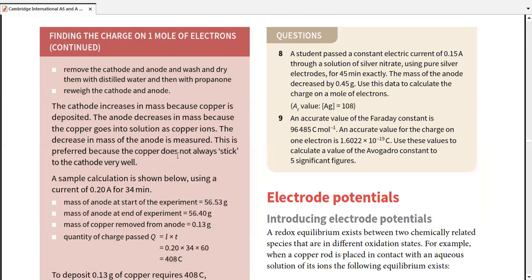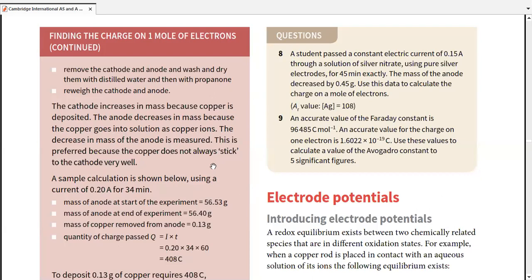Now, the cathode increases in mass because copper is deposited. The anode decreases in mass because the copper goes into the solution as copper ions. The decrease of the mass of anode is measured. This is preferred because copper does not always stick to the cathode very well. Okay? So that's how we know.